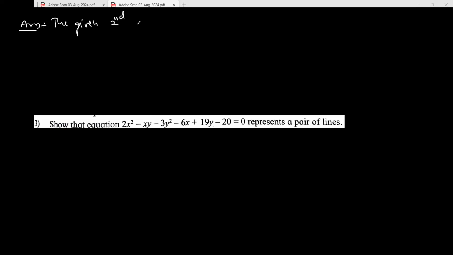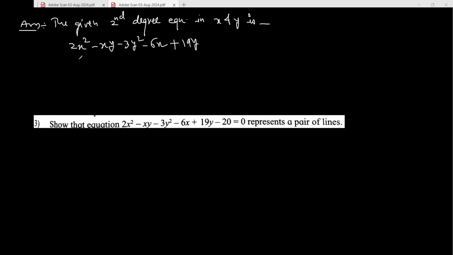The given second degree equation in x and y is 2x square minus xy minus 3y square equals 3y square minus 6x plus 19y. So, 2x square minus xy minus 3y square minus 6x plus 19y minus 20 equals 0.